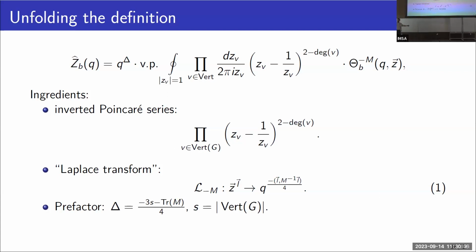You expand everything, with as many variables as vertices of the graph, and for each of these monomials you substitute using this quadratic form M inverse. Finally, you multiply by some prefactor, a power of q, because otherwise it won't be invariant under the Kirby moves. It's kind of a miracle that in the end you get something which is invariant under the moves. Any questions about this definition?